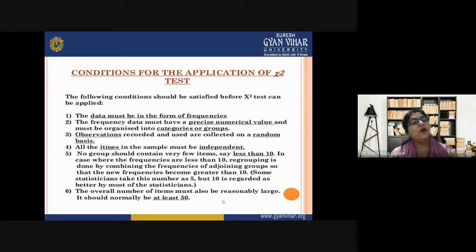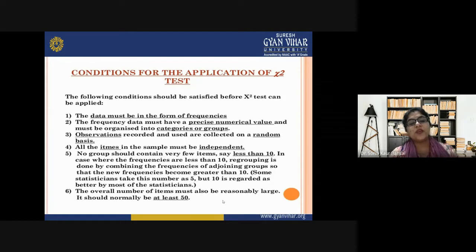Number 3, observations recorded and used are collected on a random basis. Number 4, all the items in the sample must be independent. Number 5, no group should contain very few items, say less than 10.